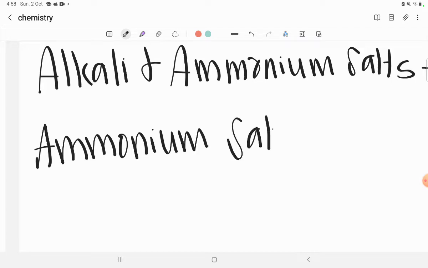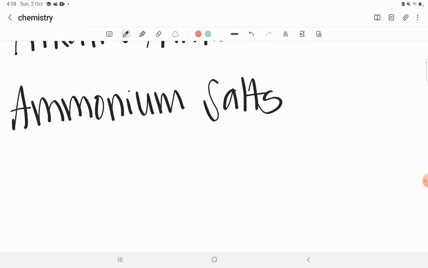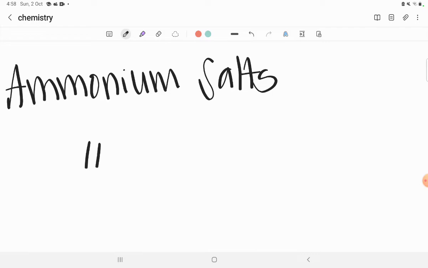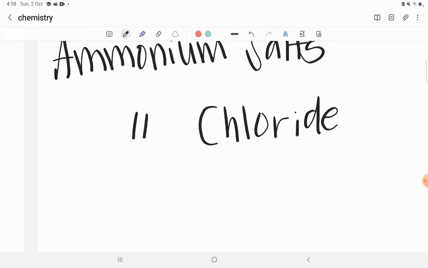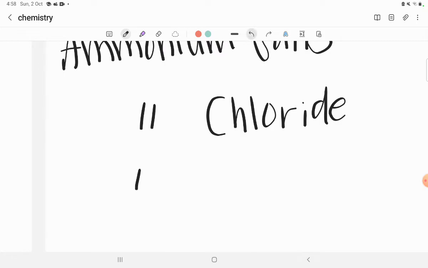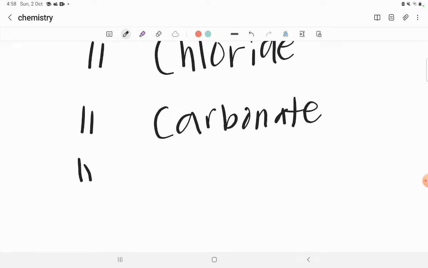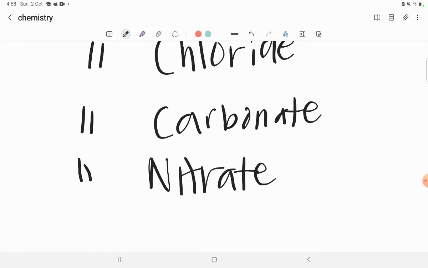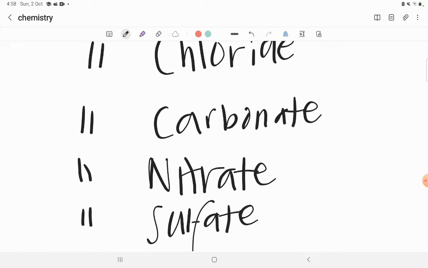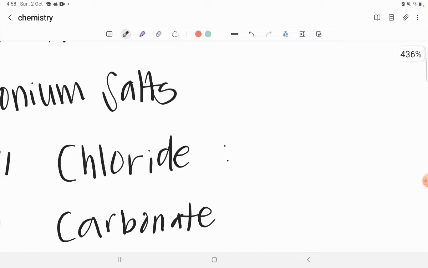They are ammonium chloride. The double stroke is basically like copy paste. Ammonium carbonate, ammonium nitrate, and ammonium sulfate.